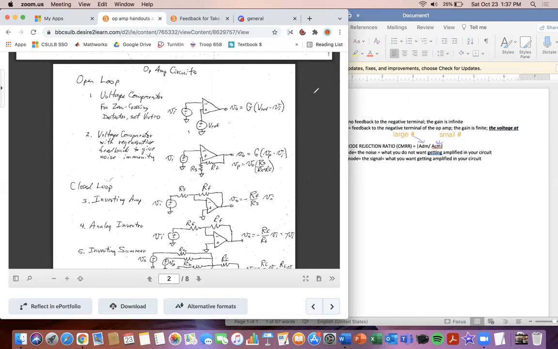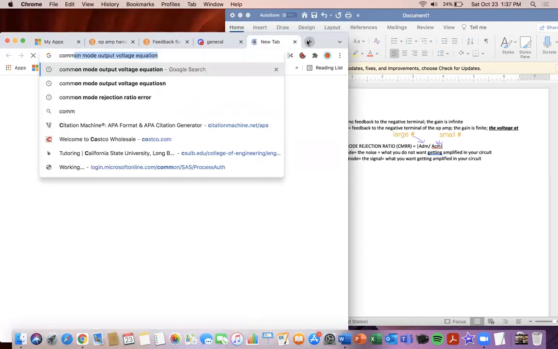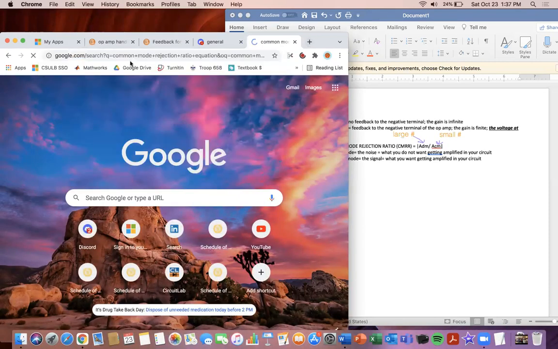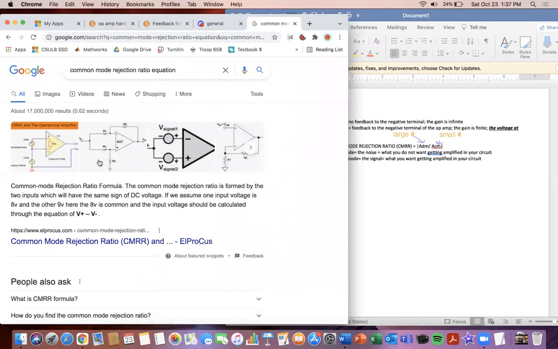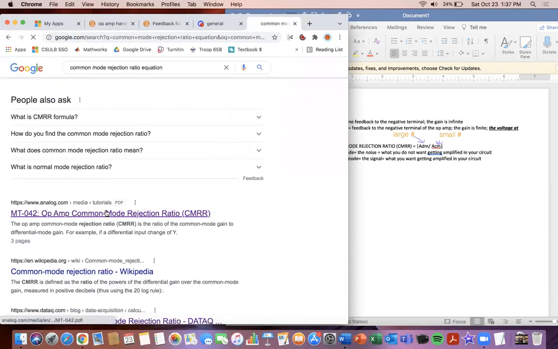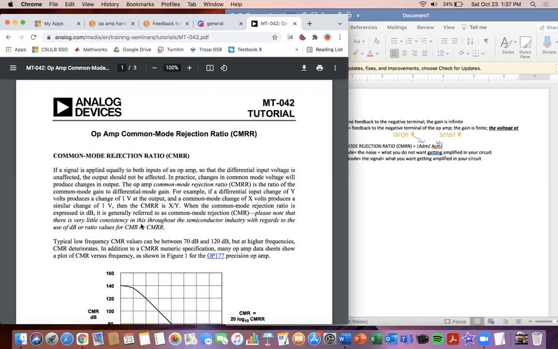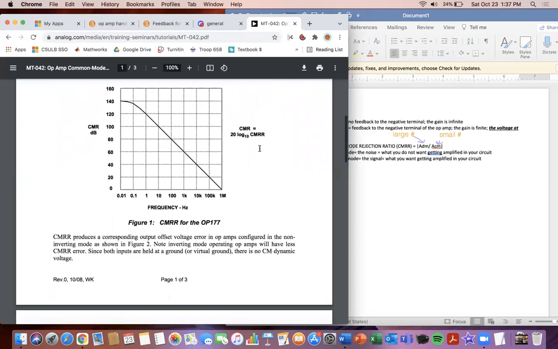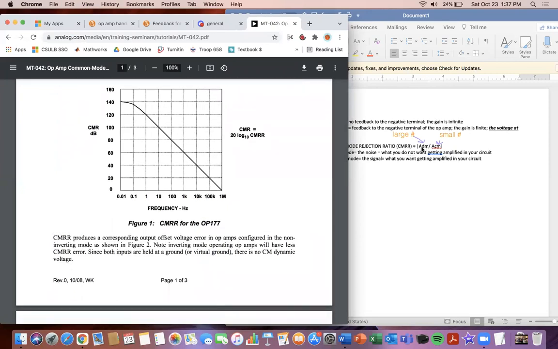And so I need to tell you guys, there is an equation you need to know. When you search up common mode, let me show you guys, there's a specific equation that comes up, the common mode rejection ratio equation. When you look at the common mode rejection ratio, it will often tell you that the CMRR is equal to the amplification of the differential mode over the amplification of the common mode.